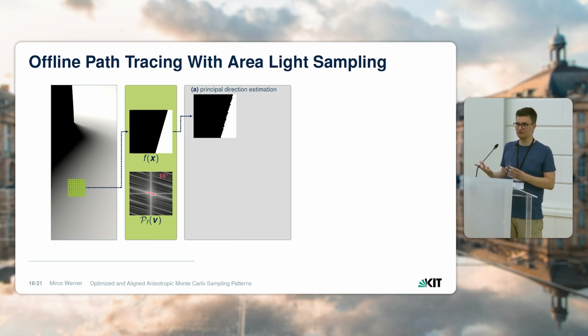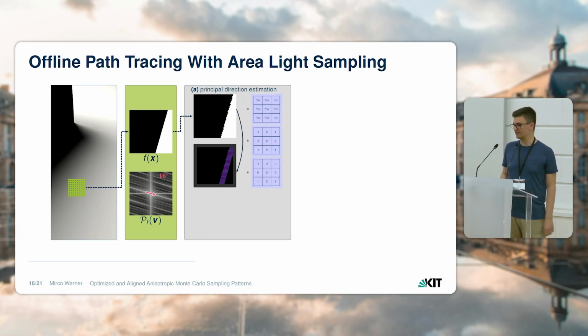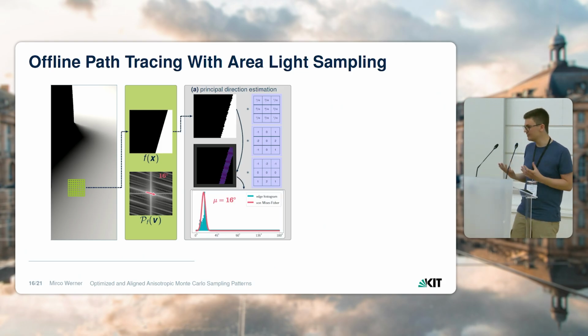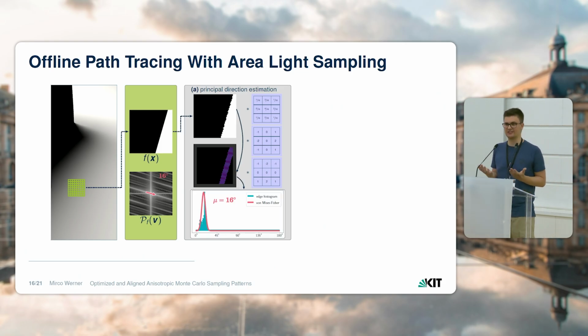So what we're doing here, we cooperatively in blocks of pixels sample this integrand at a low resolution. Then we can apply some smoothing kernels and edge detection kernels to get a histogram of these occurring edge orientations.